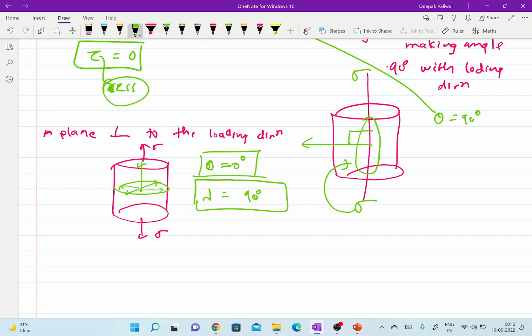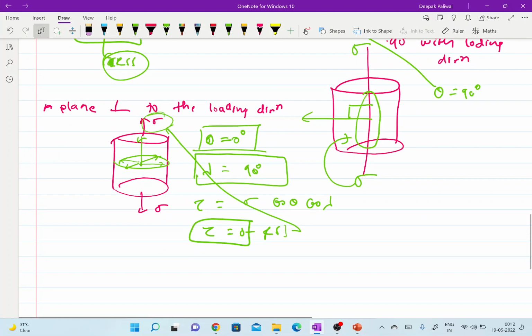So again if I put tau equals sigma cos theta cos lambda, tau becomes 0. That means the resolved shear stress by application of this stress becomes 0. That means again the slip will not happen, or deformation on this particular plane or slip system will not get activated by the application of this sigma.